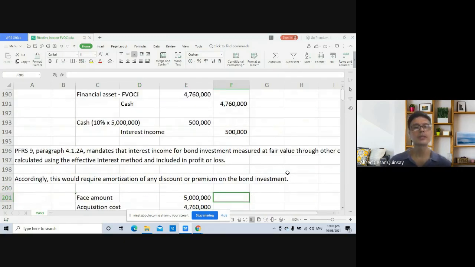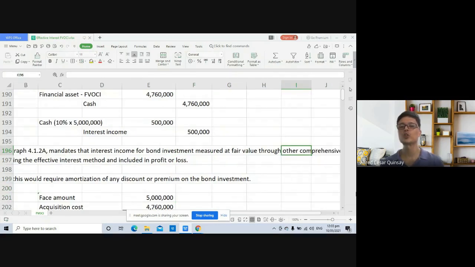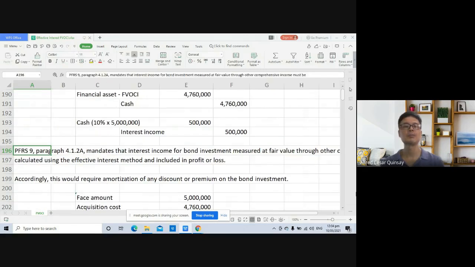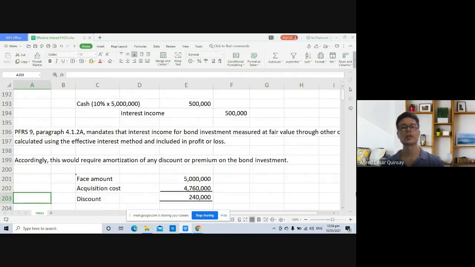So under PFRS 9, paragraph 4.1.2a mandates that interest income for bond investment measured at fair value through other comprehensive income must be calculated using the effective interest method, included in the profit or loss.